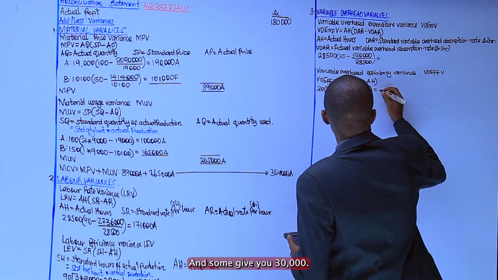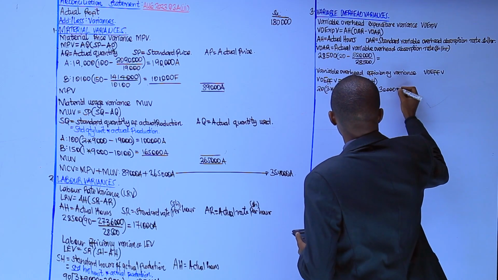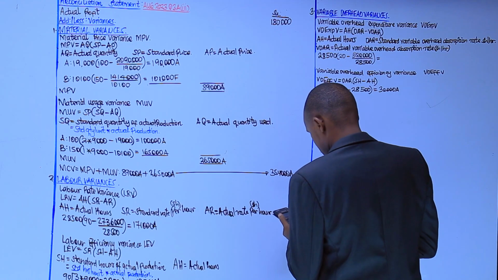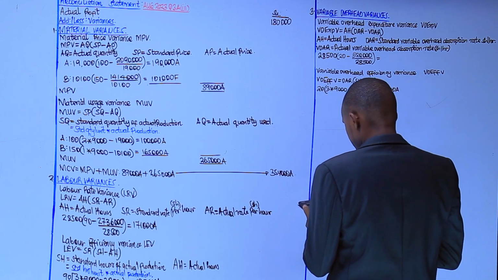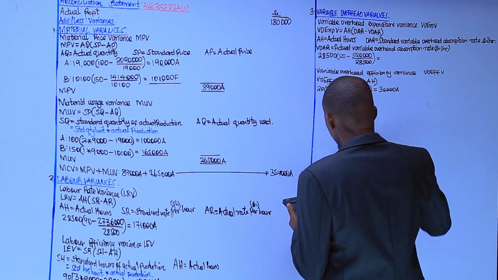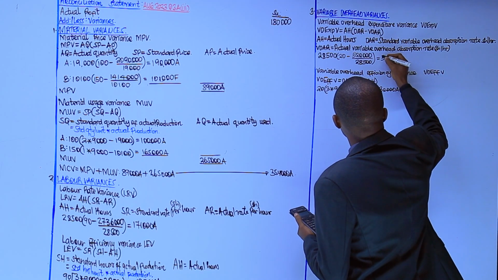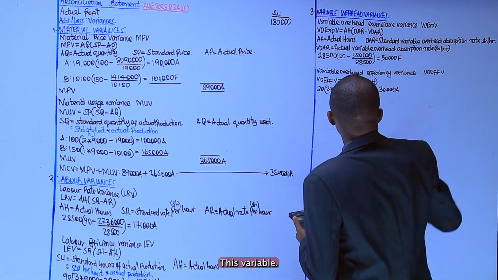This will give you 30,000, which is adverse. And 50,000, which is favorable.